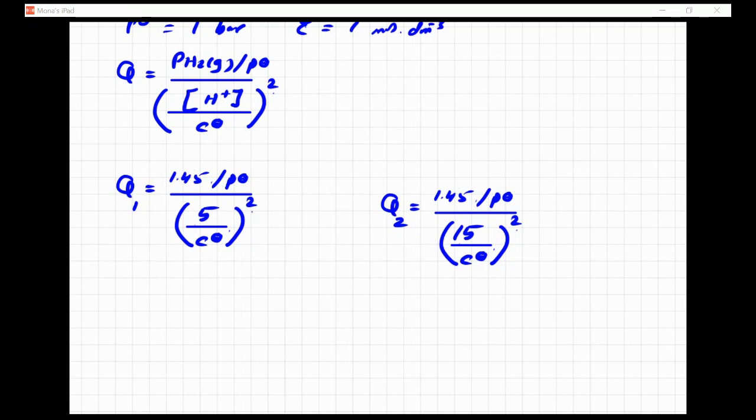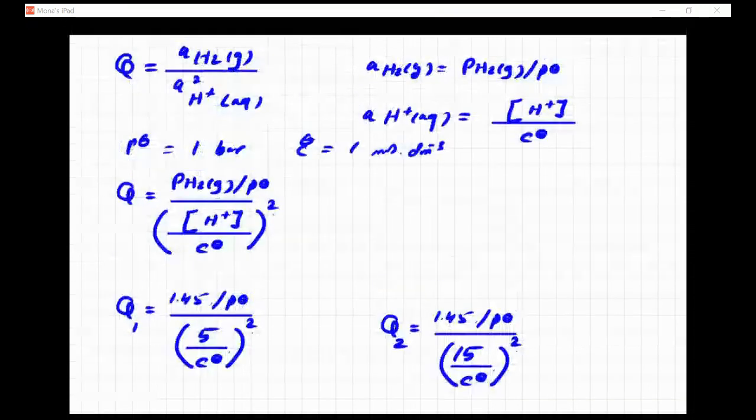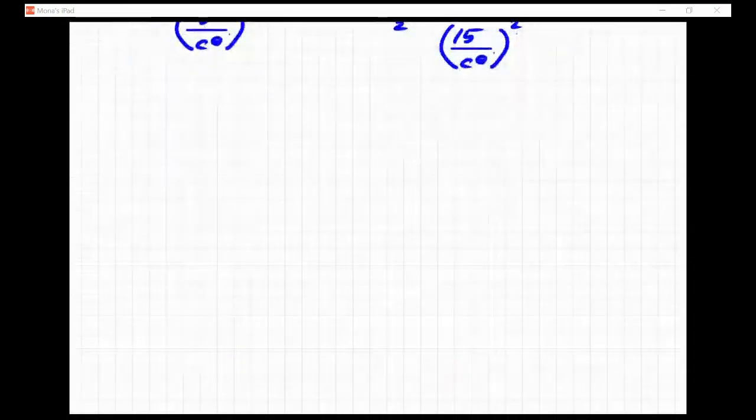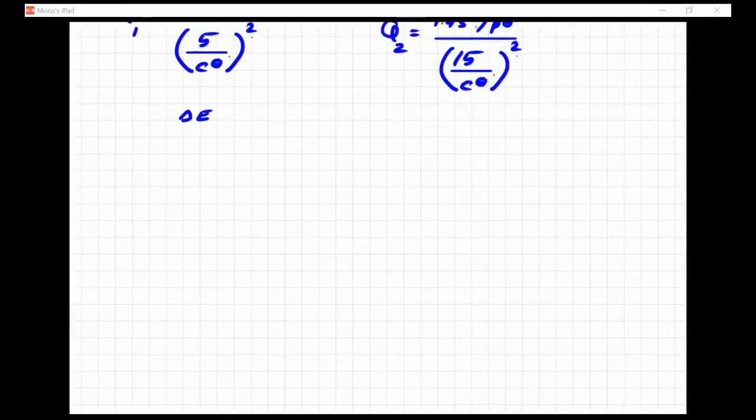Now what do we do? I will look at my equation, the delta E. Delta E is equal to E2 minus E1. E2, we said, is E standard minus RT over nu F ln Q2.